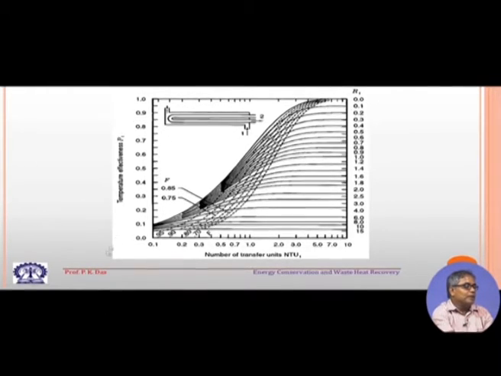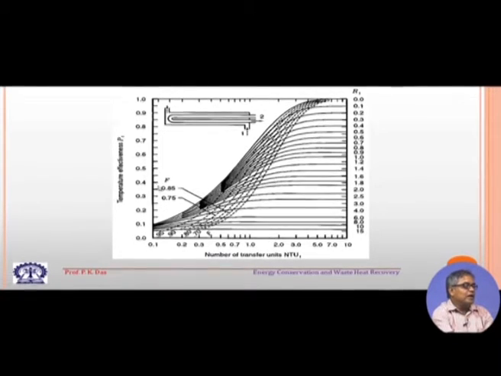So, how is it? This is P, these R's are typical curves for different values of R, and then this is the value of your number of transfer units, or NTU.